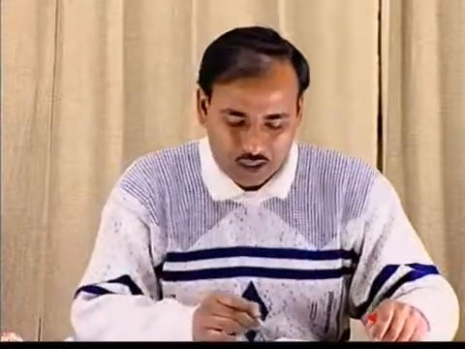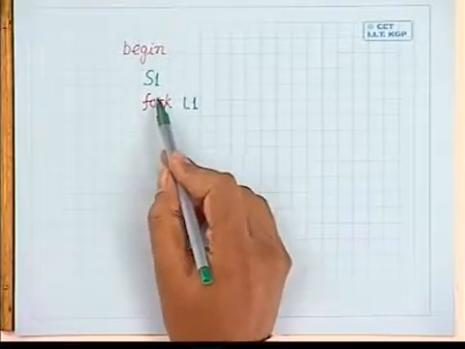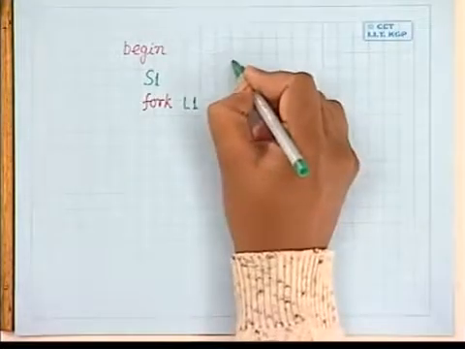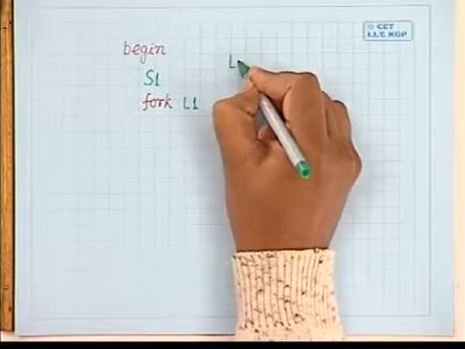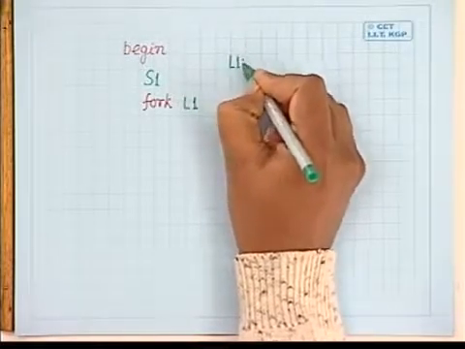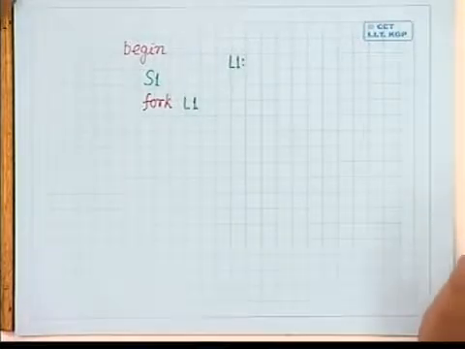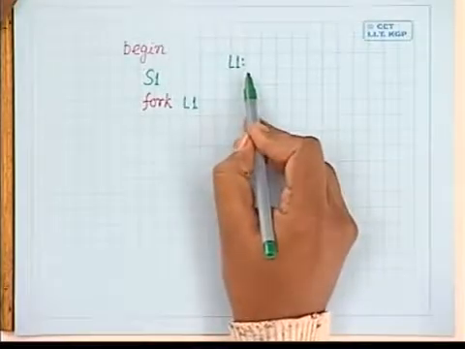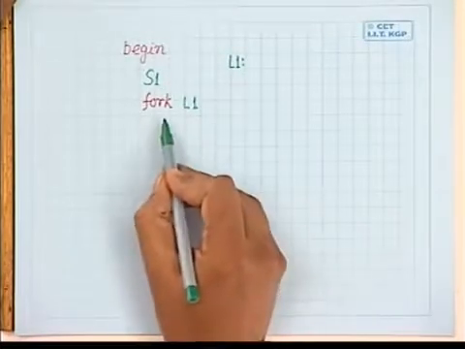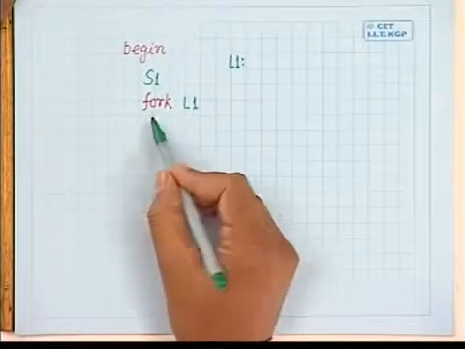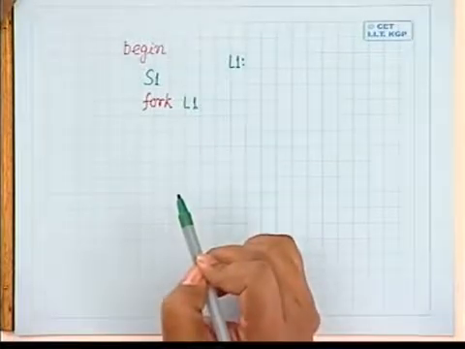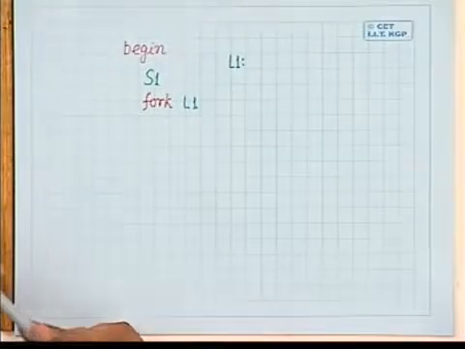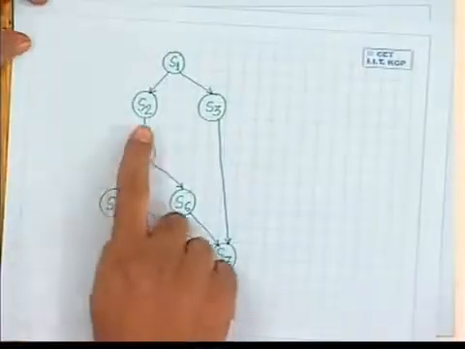Now what does it mean? Whenever I say fork L1, I create an additional process. One process will start execution from the statement at label L1, and the other process will continue with the statement following this fork statement. So after fork, as per our precedence graph, we have to create two processes.